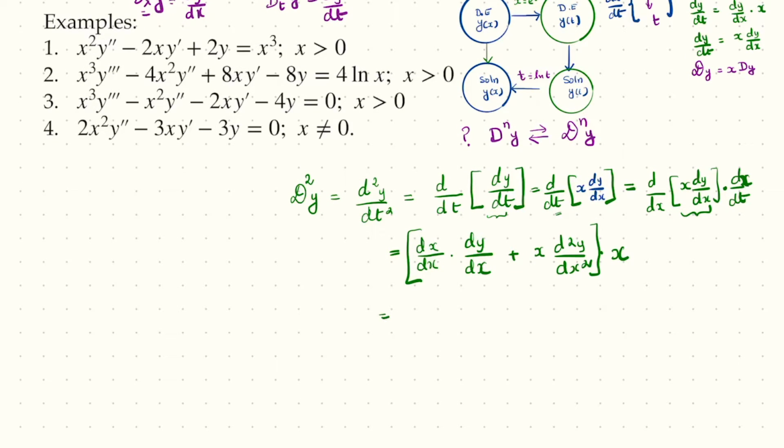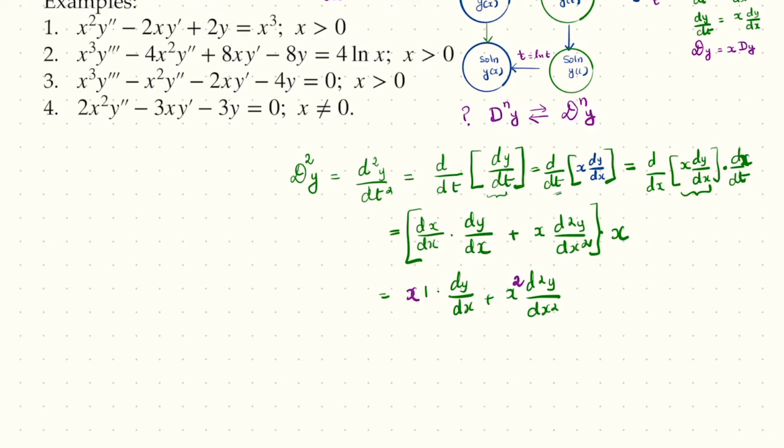And now if I simplify this, this is going to be 1. So therefore, this is 1 times dy over dx plus x times d squared y over dx squared. I'm going to distribute this x with this and this x with that. When I do that, you would agree with me that I'm going to have x times dy over dx, and this is going to be x squared.